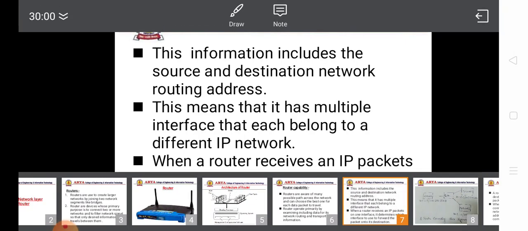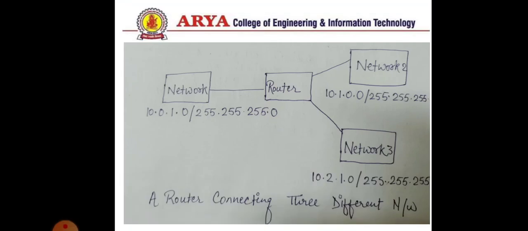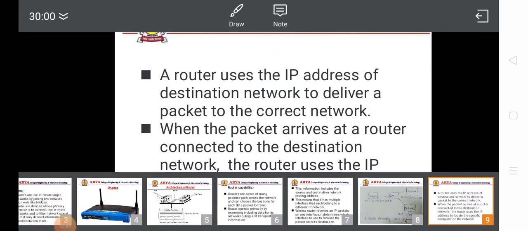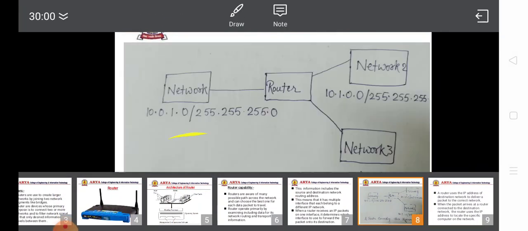After this, we will move on to the picture of a router connecting three different networks. Here we have a source network and two destination networks. In this, the router has to decide which destination network is connected with the source network.